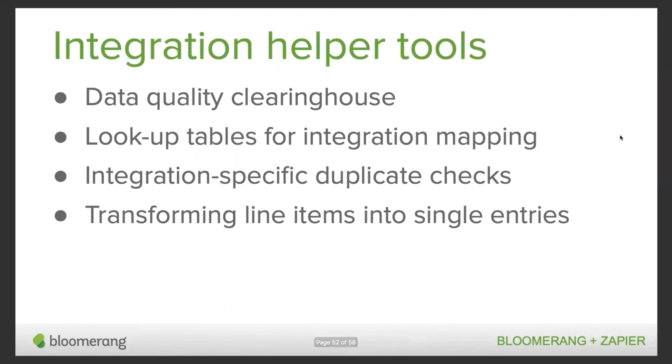You can also use Google Sheets for a number of integration helper tools. For instance, if you want to use lookup tables in Google Sheets, you can use Google Sheets in Zapier workflows. These are some advanced things, but again, I want to leave you with just a couple of ideas as you navigate your way through Zapier and thinking about setting up integrations.